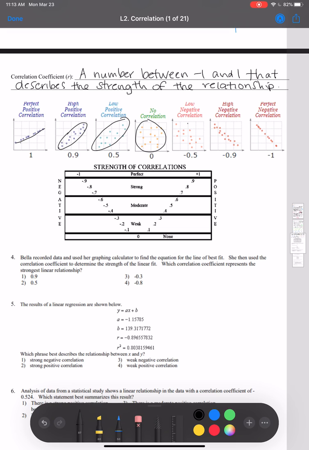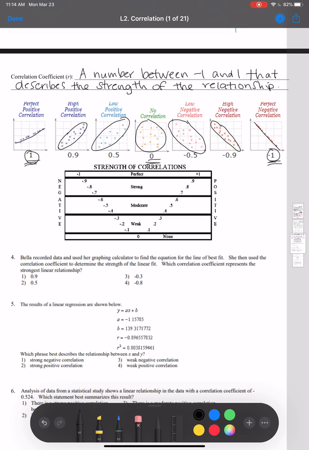And then we're going to do the same thing in the opposite direction: low negative, high negative, perfect negative. The numbers that go with it go from +1 to -1. So 0 is your no correlation, and 1 and -1 are your perfect correlations.